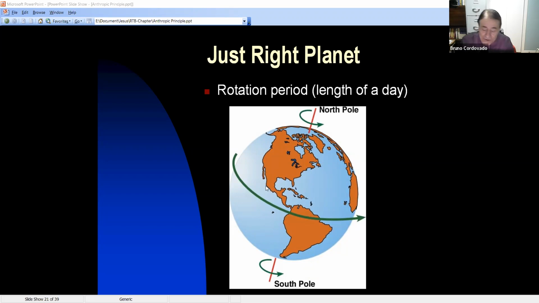If the day was longer, you'd have too much of a difference in temperature between the day and the night. If it was shorter, you would affect the wind velocity of the climate. The wind speeds would be so much greater when your length of the day is shorter.